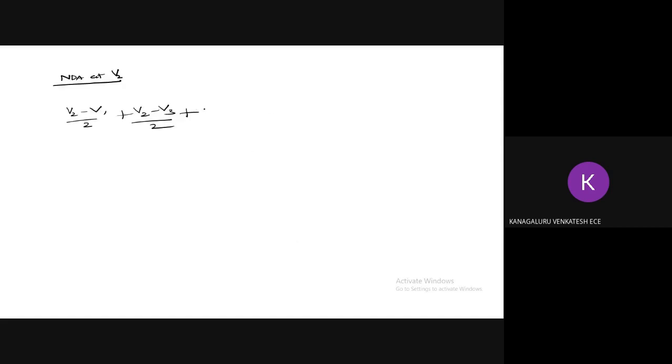Very good. Just simplify it. V2 minus V1 plus V2 minus V3 plus 6 equal to 0. On simplification, minus V1 and then V2 2 times, 2V2, V3 1 time, minus V3. 6 take to the right hand side, you'll get minus 6. Equation 2.